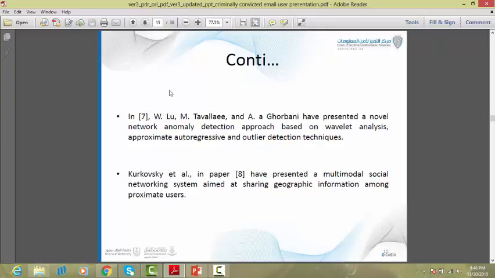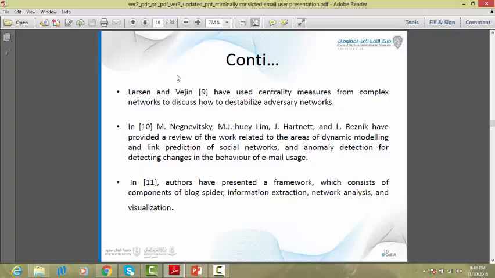In the 7th reference, Vilu, Tavalai and Gorbani have presented a novel network anomaly detection approach. Kurkowski, in paper 8, has presented a multi-model social networking system. Larson and Vagin have used centrality measures from complex networks to discuss how to destabilize adversary networks.